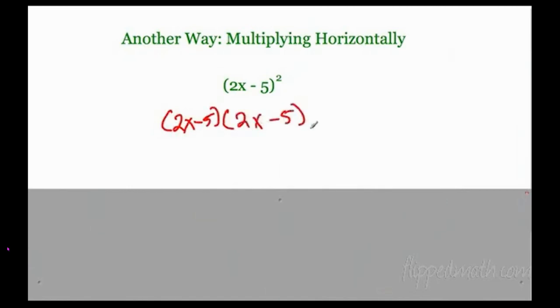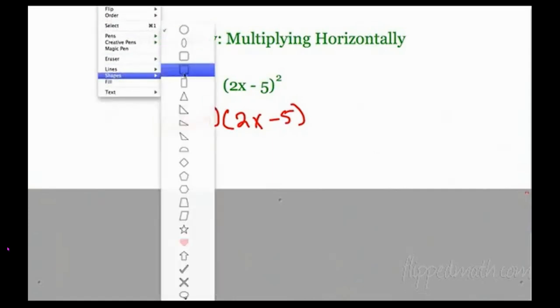Now, what we were doing was we were multiplying with a box. Totally perfect way to do it. If you want to do it that way, no problem whatsoever. All right? Now, what you could do though is you could come up here and multiply it horizontally. Now, some of you are going to know this way already.